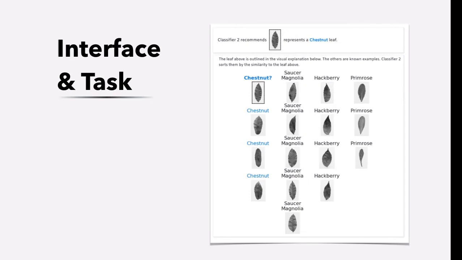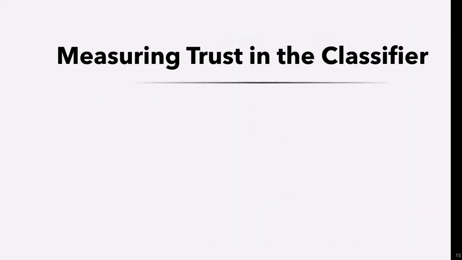And the task we give to participants is, remember that we just asked them to classify leaves. We give them a recommendation from the classifier on top, and they could have different visual explanations at the bottom. And we measure their trust in the classifier as their willingness to follow the recommendation and their self-confidence in the decision.